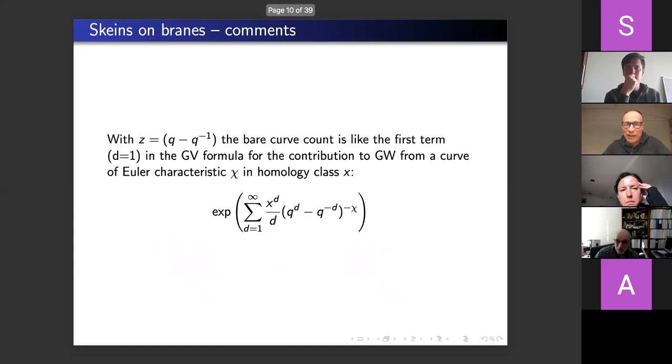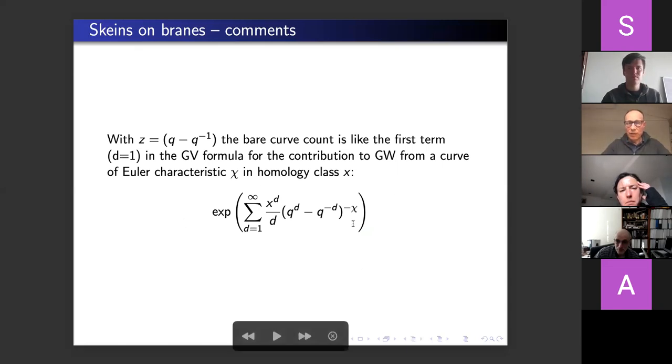Okay, anyway, let me come back to say the last word about this curve counting. As you know, there is this Gromov-Witten formula for the contribution to the Gromov-Witten invariant from a nice embedded curve of Euler characteristic chi. When it sits there, embedded and holomorphic, you have to account for all its multiple covers and all constant curves attached to it.